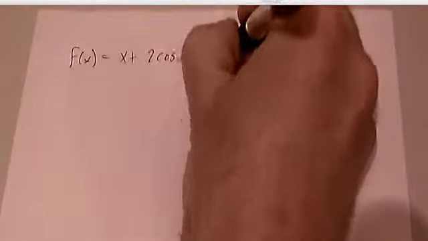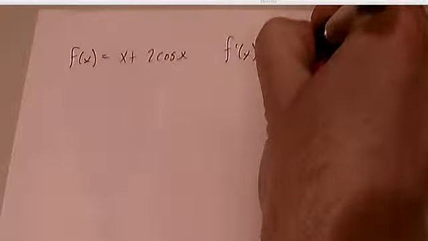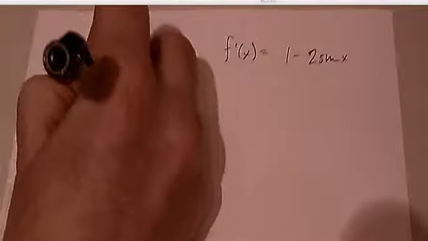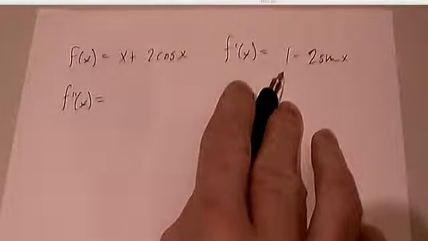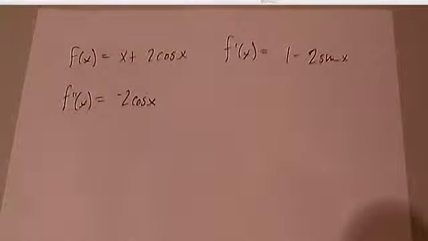Now from here, we need to do f double prime, and notice how this one, because it's trig and it's sine, winds up actually being a little bit easier than the radical one. Because I know if f is equal to x plus 2 cosine x, and f prime of x is equal to 1 minus 2 sine x, then for f double prime, that term is going to be 0, and that's just going to be negative 2 cosine x.